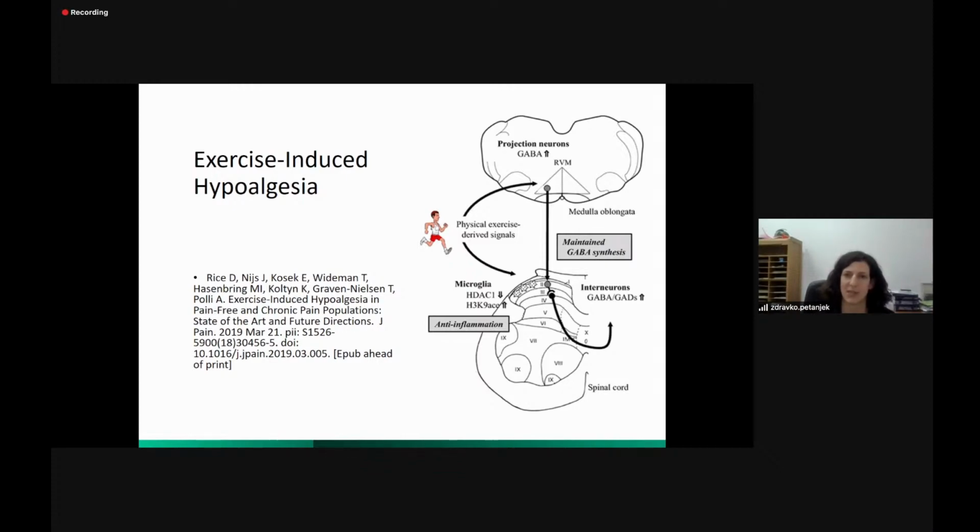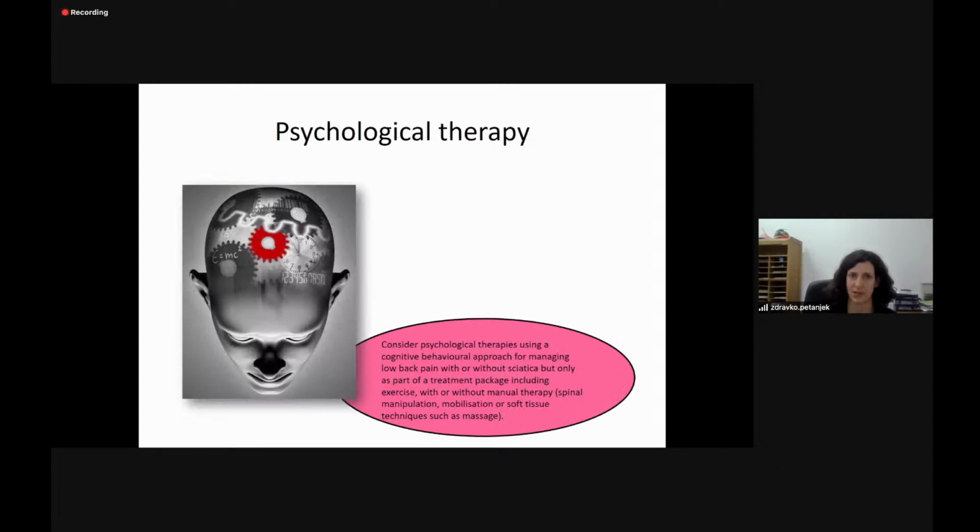Then sometimes at first you can have more pain with the exercises, but you have to dose those exercises to see the specific type and the specific time those patients can exercise, and that can also produce the feeling of less pain in those patients.